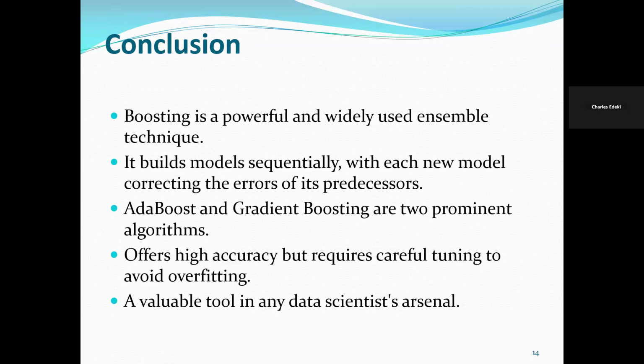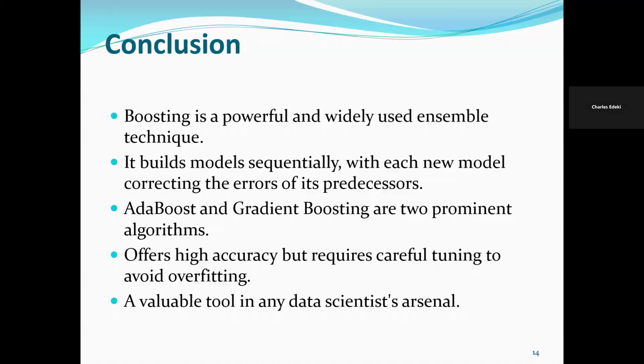Its strength lies in adaptation, a sequential, iterative process where weak learners collaborate to build a powerful overall model by continuously learning from and correcting the previous errors, while it demands careful hyperparameter tuning, as we mentioned earlier.